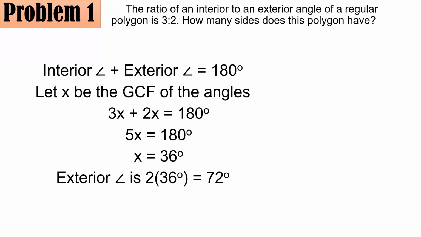Now, we have a formula, no? Could someone remember, ano nga po ba yung formula ng exterior angle in terms of the number of sides? What formula connects the exterior angle in terms of the number of sides of a regular polygon?